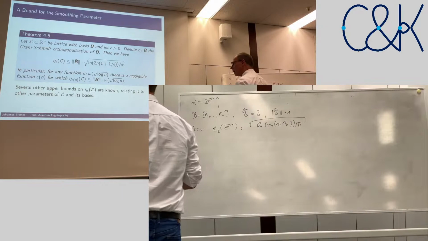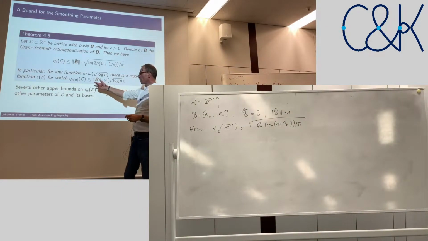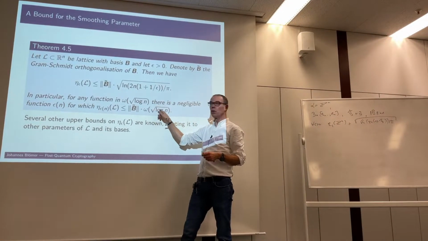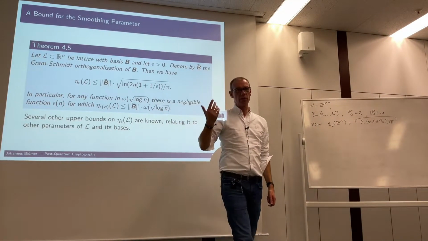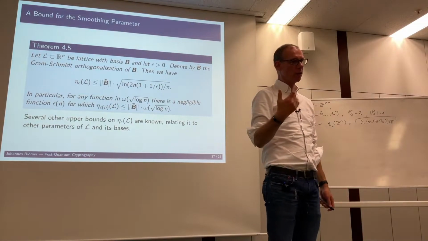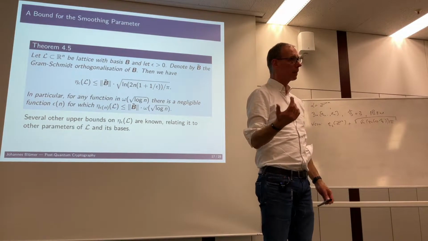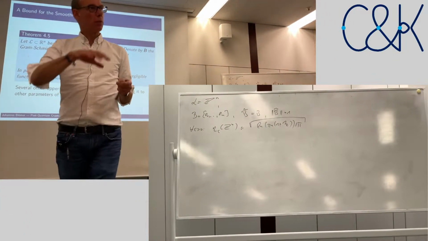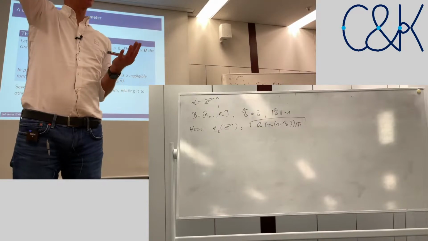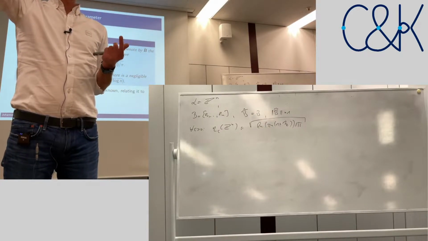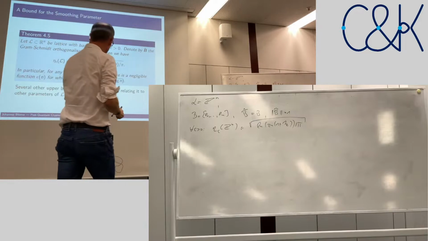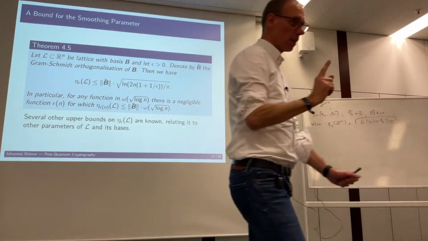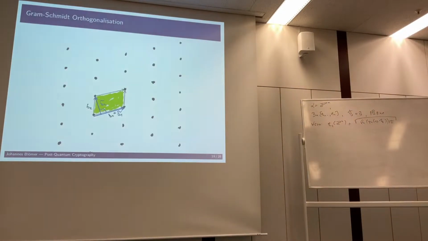Right? And if we want something for a negligible epsilon of n, again, this disappears. So it suffices to take any function that grows faster than square root of log n. Okay? So then we take a discrete Gaussian distribution on Z^n. And it's enough to take this value here, and then we'll have all these nice results. Okay?